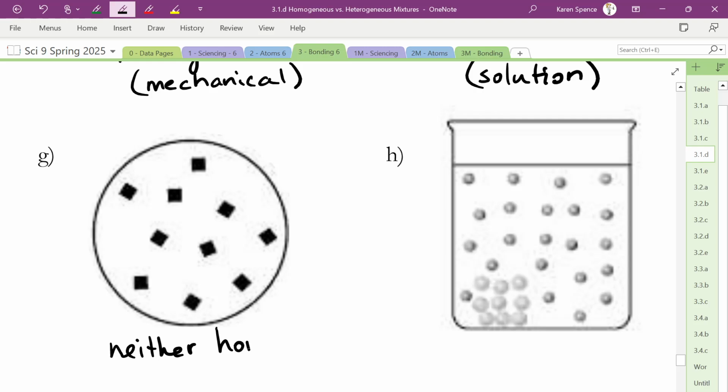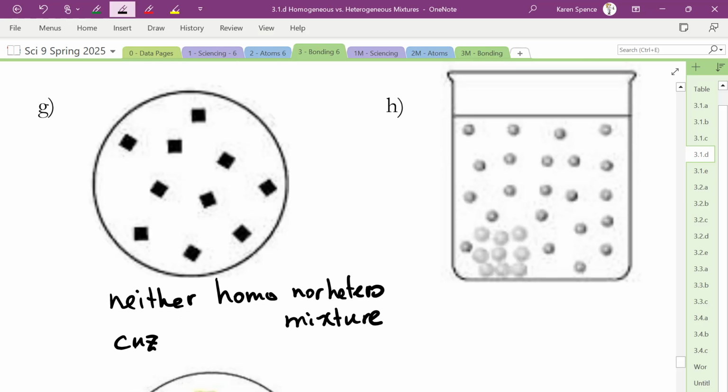Neither homo nor hetero mixture. And why is it neither a homogeneous mixture nor a heterogeneous mixture? Because it's not a mixture. I threw that one to see if you were paying attention. Okay, so this is a pure substance.